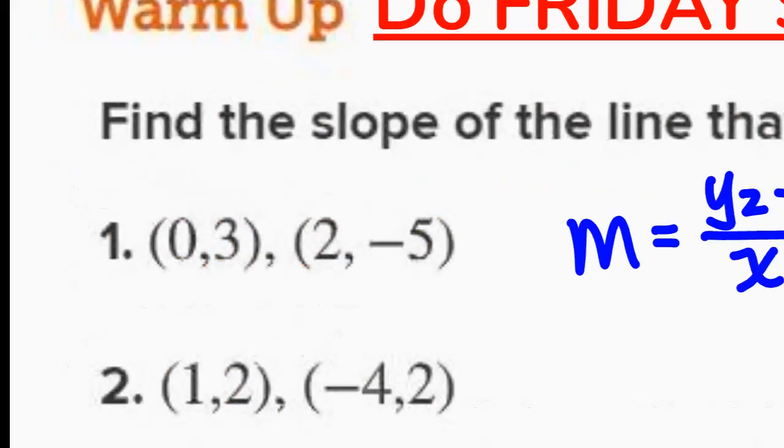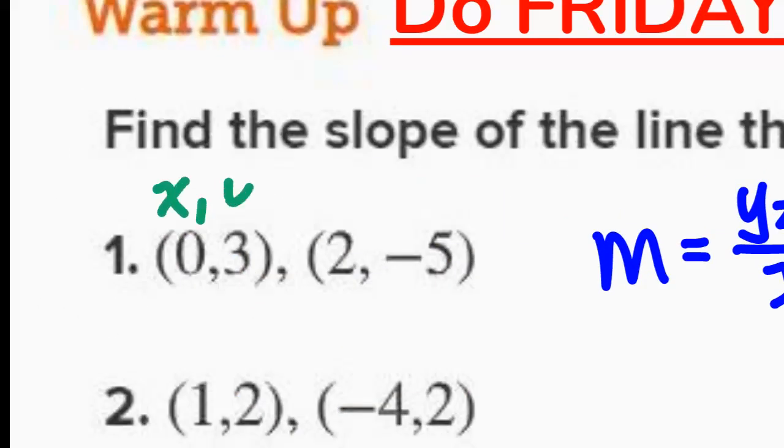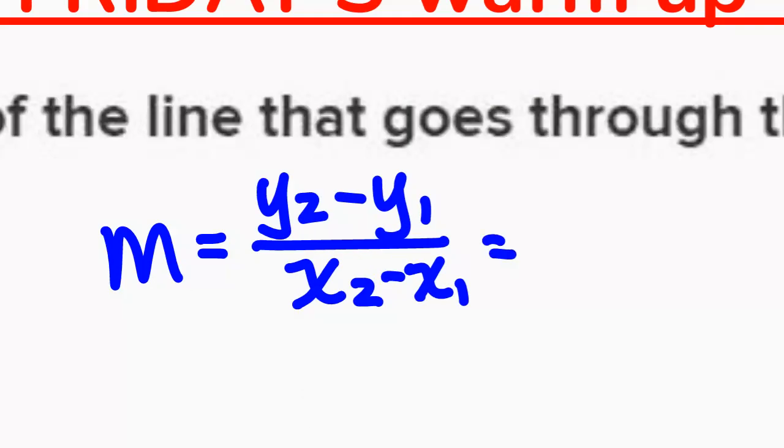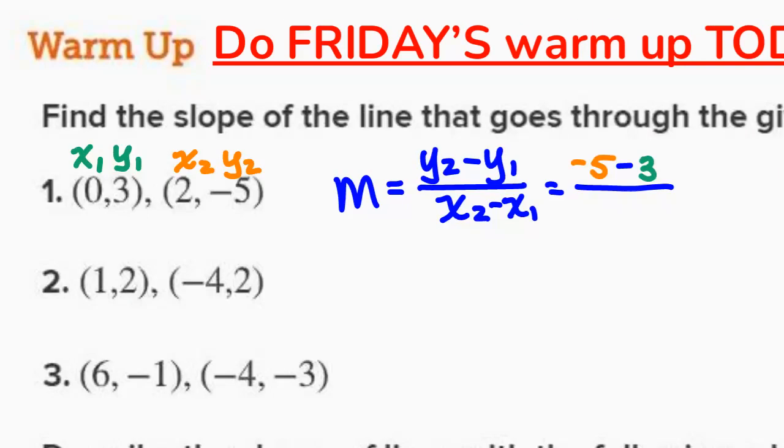So I need to label my x1, y1 and my x2, y2. So up in the numerator, I would have negative 5 minus 3. Down in the denominator, we would have 2 minus 0.